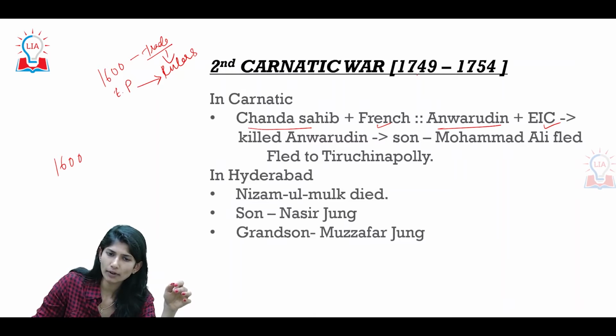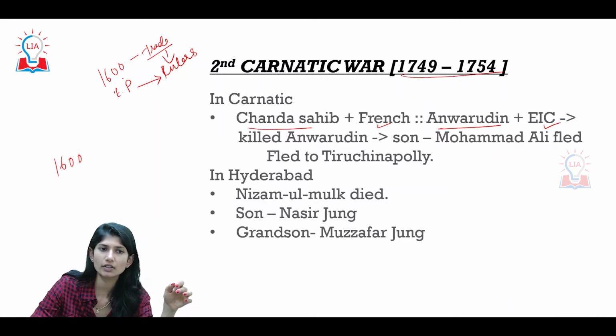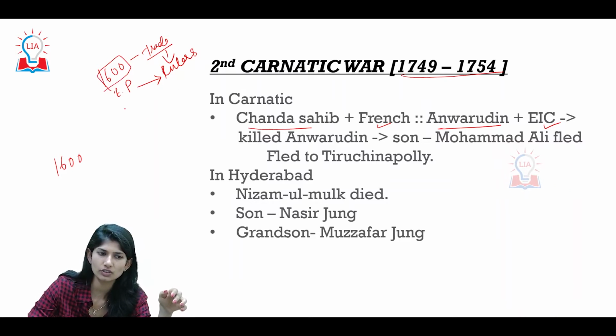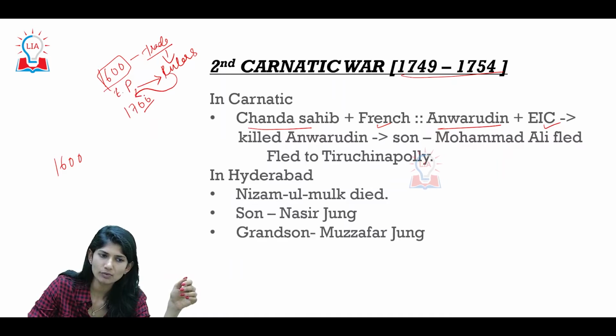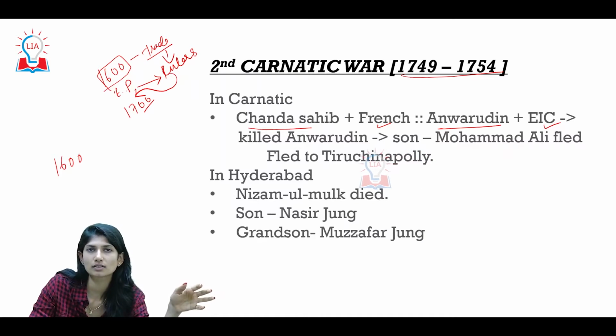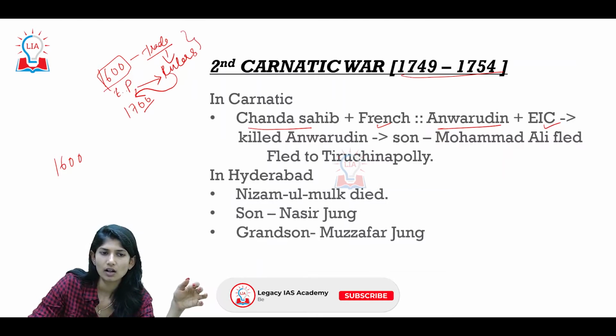Now the point of time, just 100 years later, 1600 to 1700, the times have changed to an extent that the role is reversed. Now the rulers are taking help from the European powers to establish themselves as rulers. This happened in a period of 100 years.